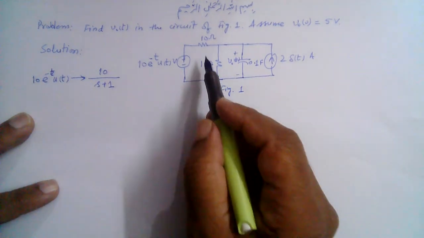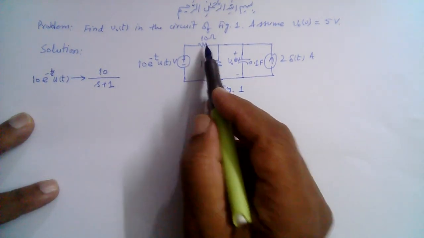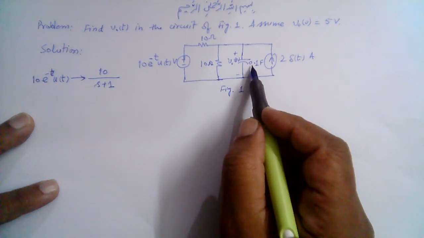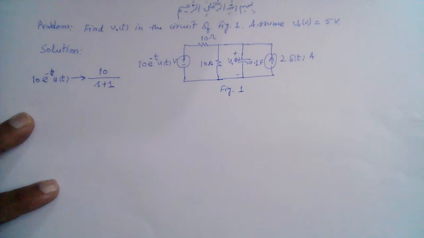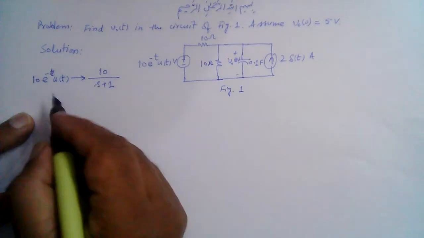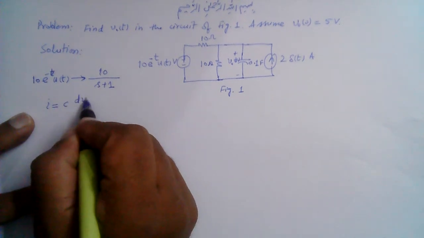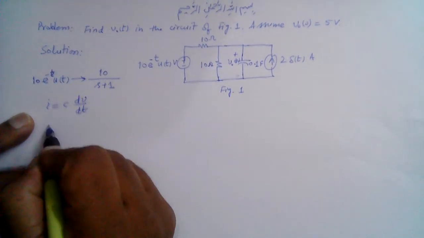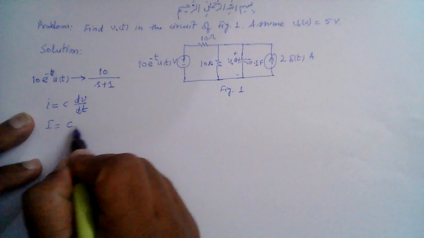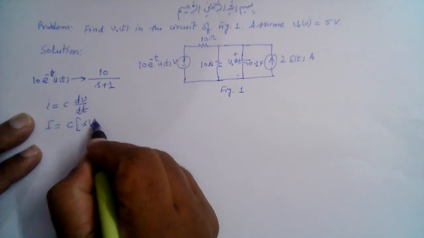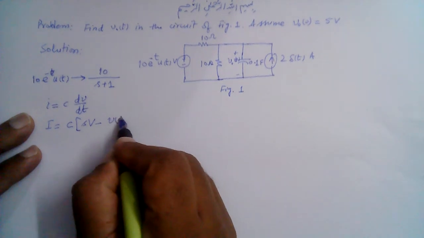And then this 10 ohm resistance remains the same, and we have this capacitor with an initial condition. So we know that in the time domain I is equal to c dv by dt, and in the frequency domain this is equal to c, using the time differentiation property of the Laplace transform, s V minus v0 negative.